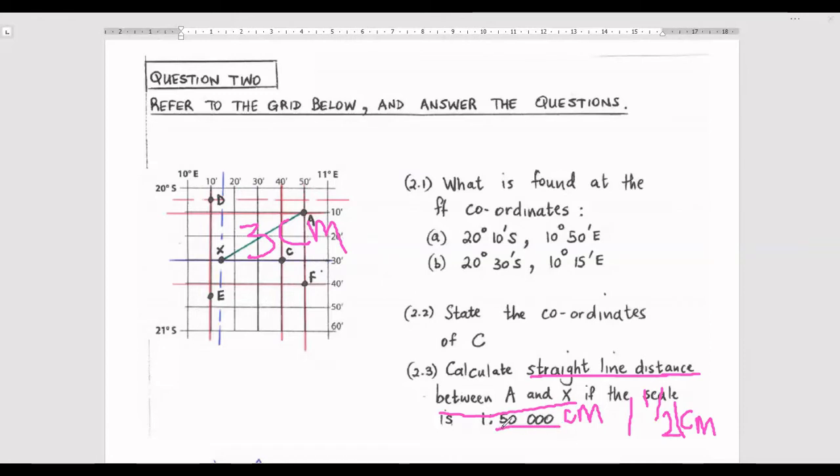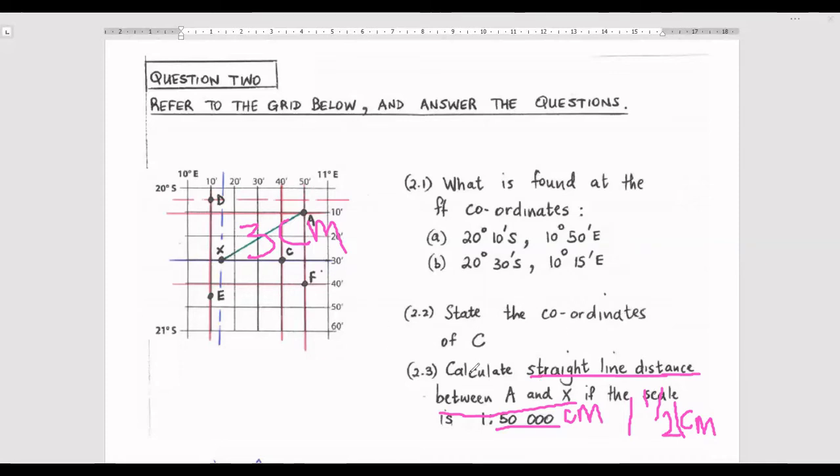So if I walk for 50,000 centimeters and you walk for half a kilometer, which one of us will cover a larger distance, if ever at all? And yes, you are right. Both of us will cover the same distance because 50,000 centimeters is the same as half a kilometer.